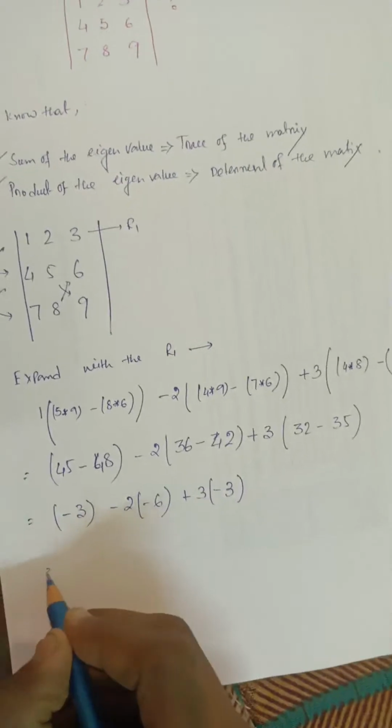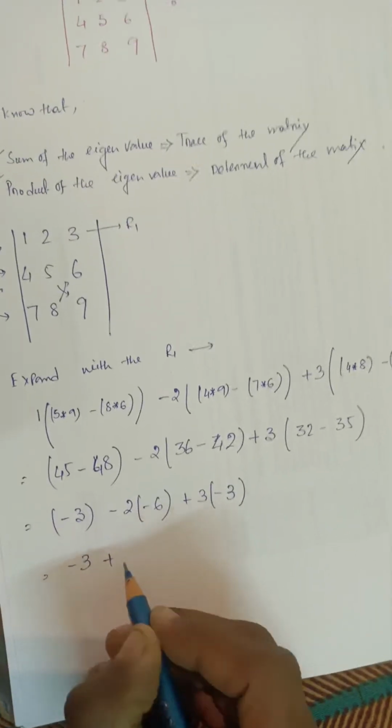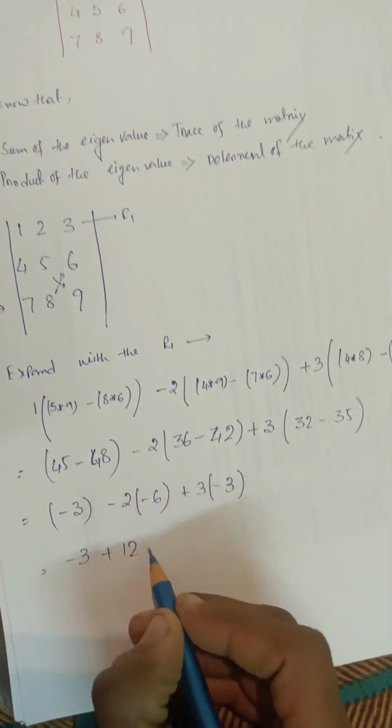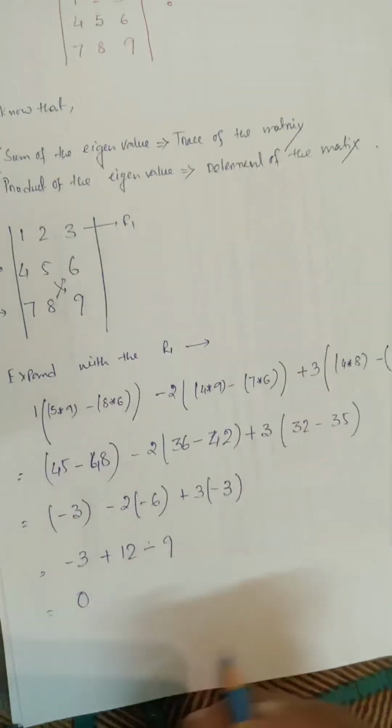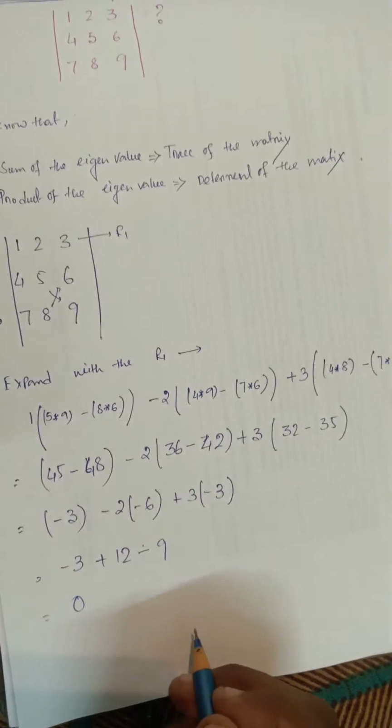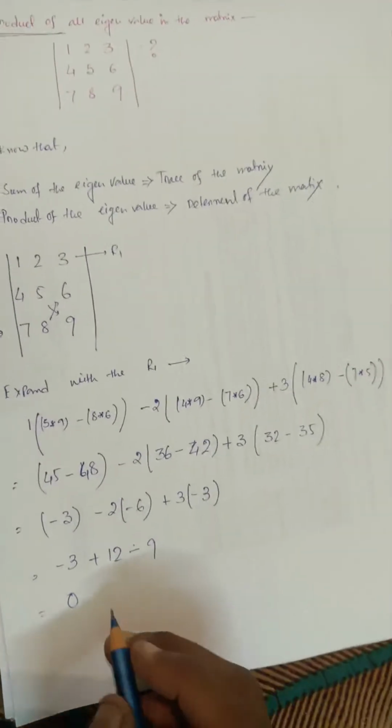So calculating, minus 3 plus 12 minus 9, we get 0. So the determinant of the matrix is 0.